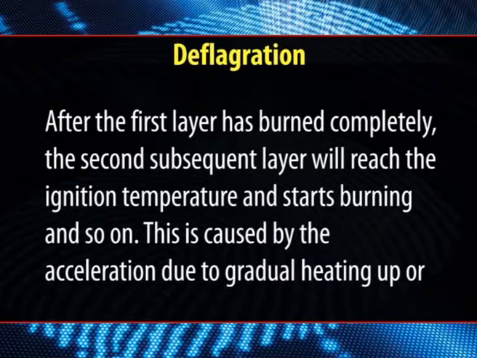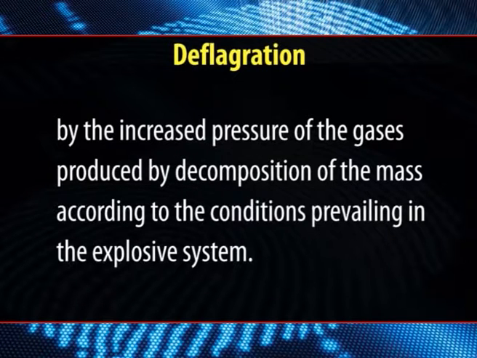After that, the very first layer has burned completely. The second subsequent layer will reach the ignition temperature and starts burning, and so on. This is caused by the acceleration due to gradual heating up or by the increased pressure of the gases produced by decomposition of the mass according to the conditions prevailing in the explosive system.